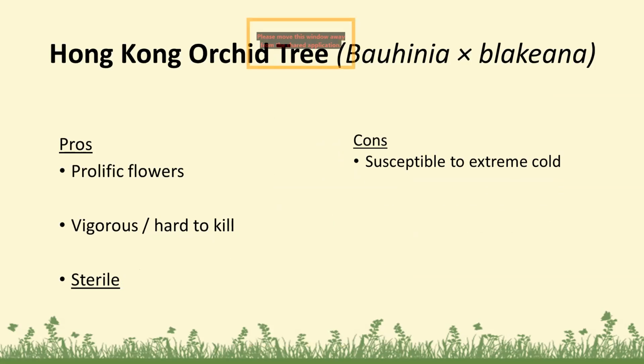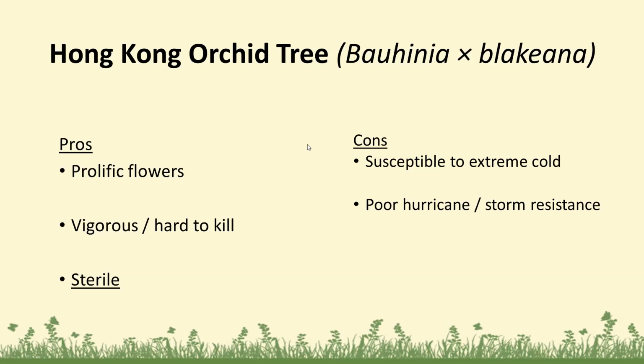You might get some burn here potentially. Poor hurricane storm resistance. There's a lot of debris associated with the flowers. When it sheds those flowers, they really can come down, so it's not really ideal for putting right next to sidewalks.